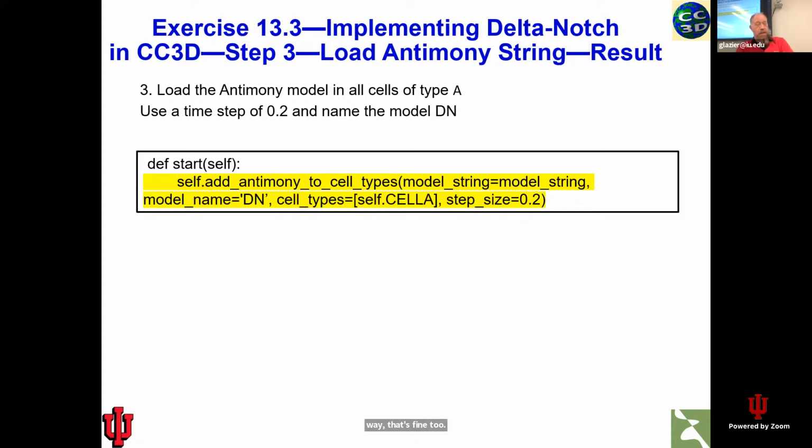It's up to you to decide how you want to load it. But you do need the model in every cell. Again, if you'd rather use the code from before where we looped over the cells, that's fine too. This is just showing you a different way to load the models. Of course, if you called your cell type something different, you have to use whatever that type name is. If you called your model something different, you have to use that.